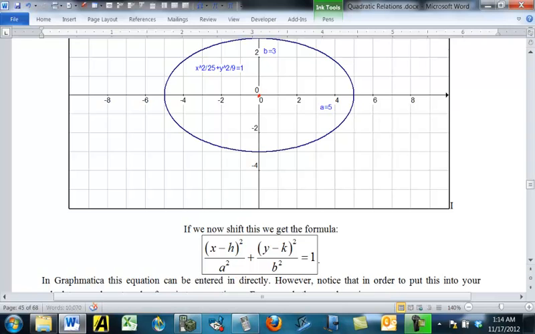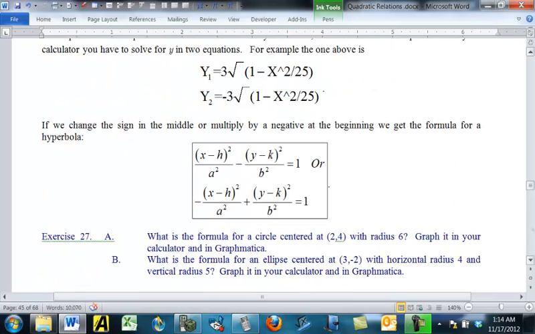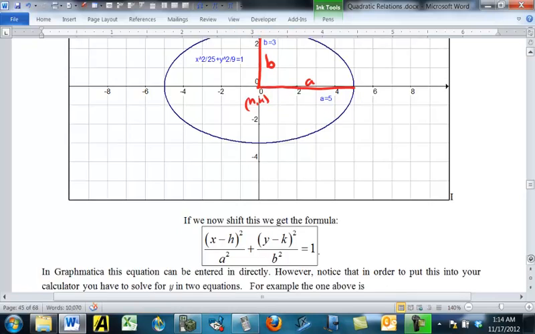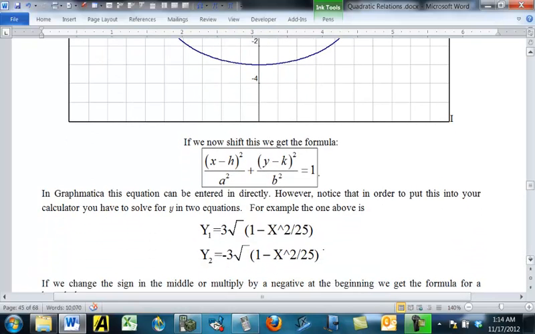Whatever this point here will be (h, k), the center, and this horizontal radius is a, and this vertical radius is b. Of course, if a and b are the same number, that's the radius, and you get a circle. So a circle is a special kind of ellipse.